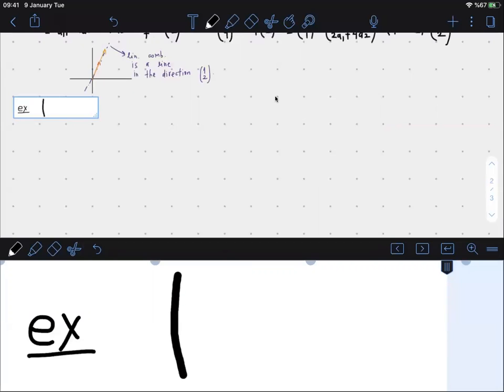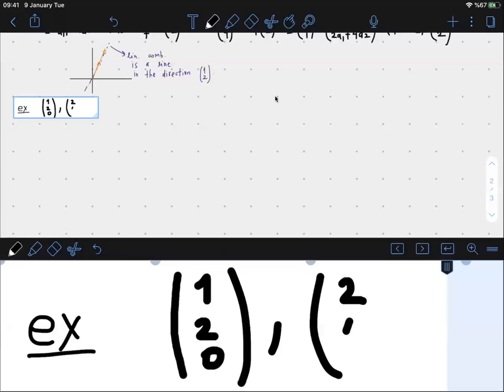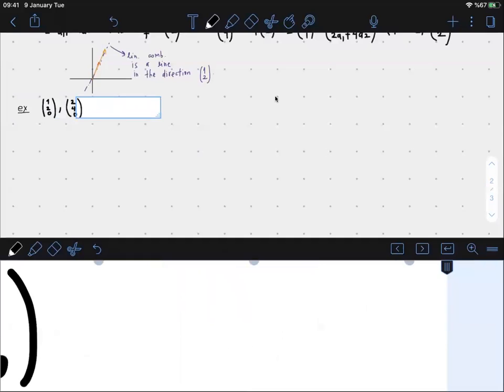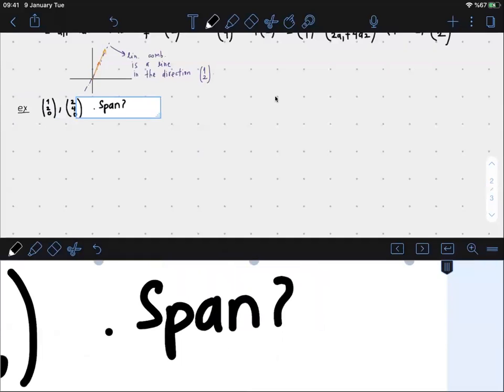For example, if these vectors are multiples of each other, 1, 2, 0 and let's say 2, 4, 0, what is the span of these two vectors? What do you think in R3? Any ideas?